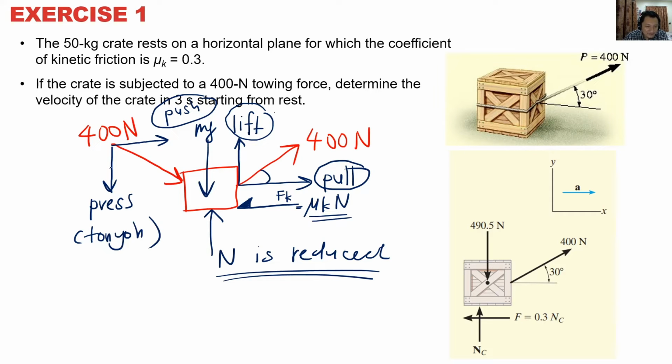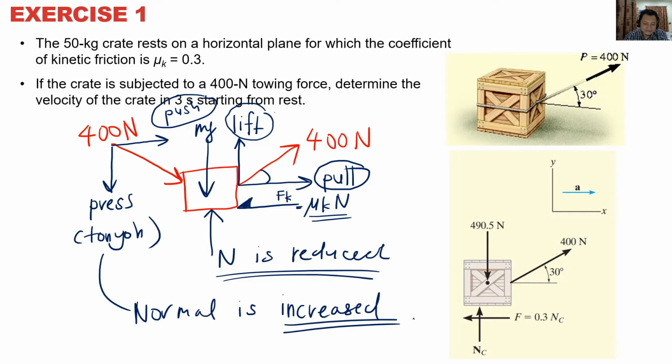So when you press to the floor, your normal is no longer reduced. It is increased. So you press, so your normal is increased. So once your normal is increased, your mu k also will be increased lah.